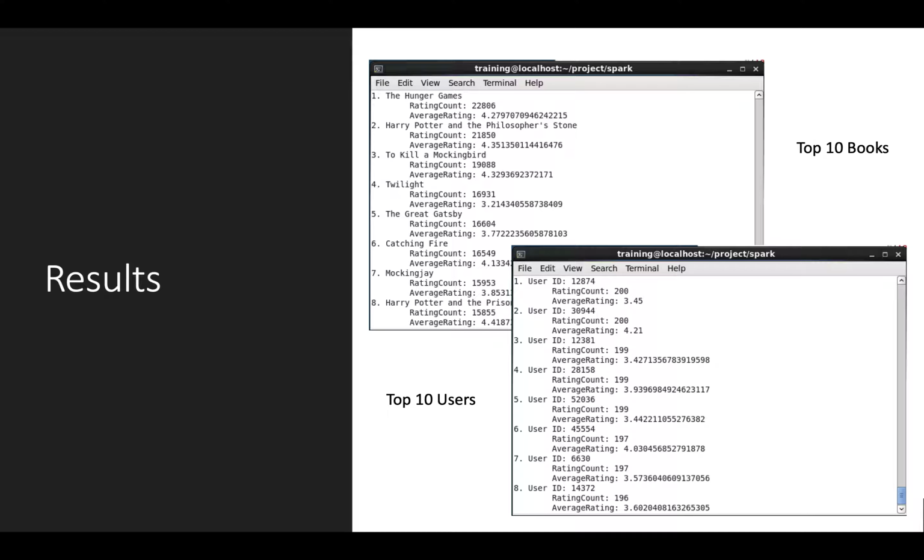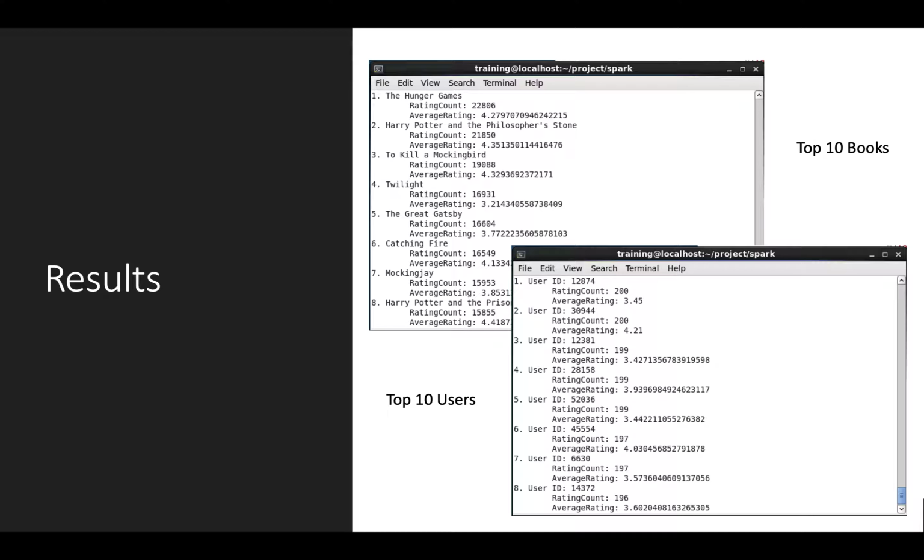Then down on the bottom, you see the top 10 users. This is based on their rating counts. So user ID 1 is user 12874. They have rated 200 books at this time, and their average rating is 3.5. This was actually really interesting.